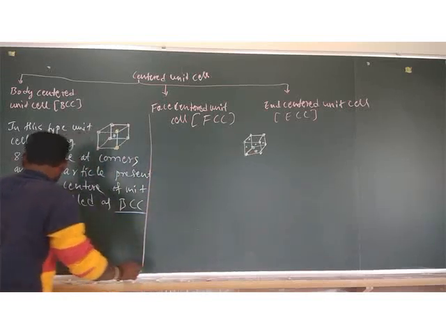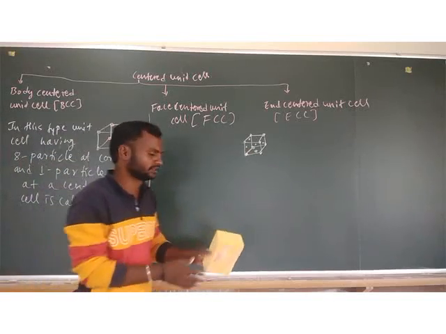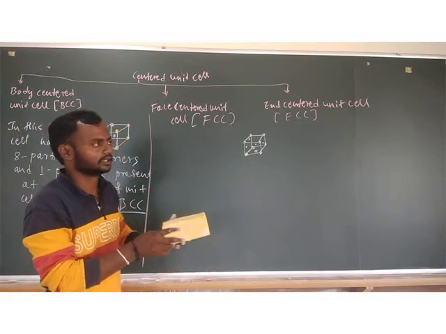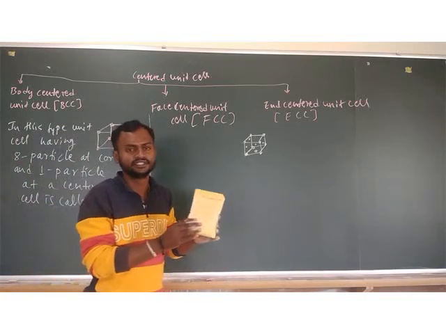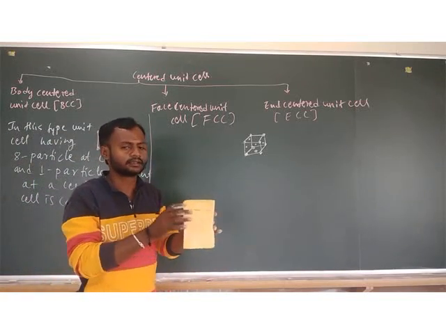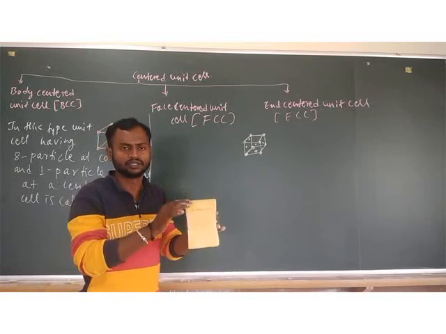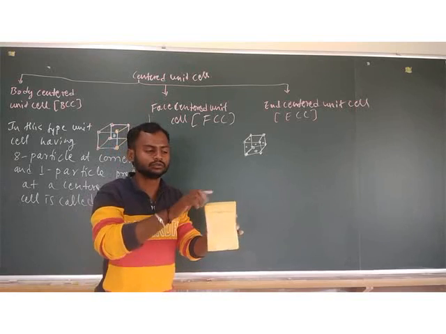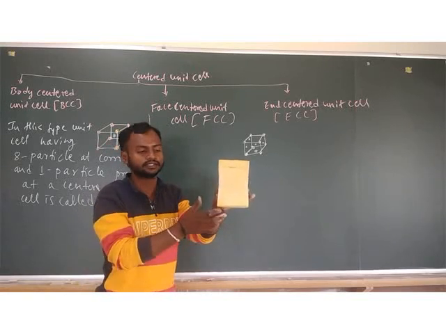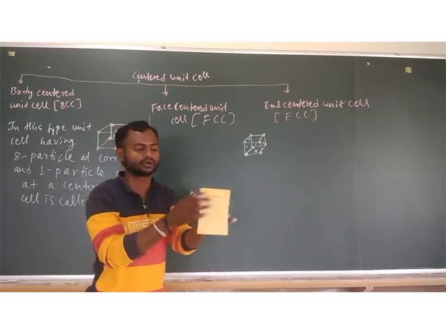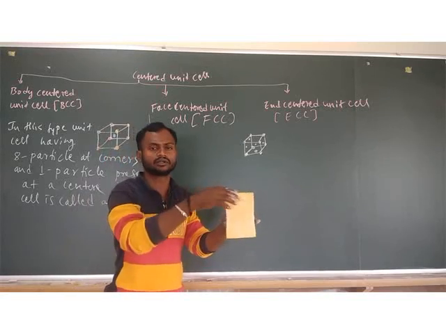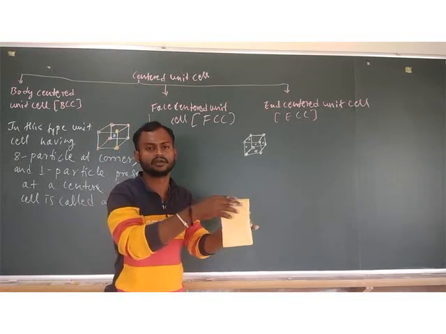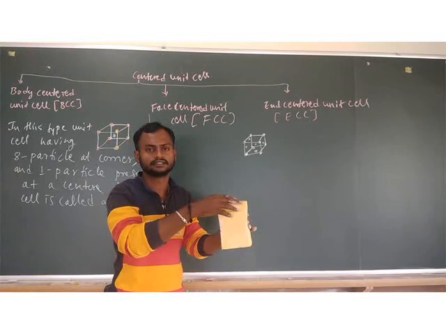Let us take an example. Let us assume this is a unit cell having constituent particles. There are 8 corner points: 1, 2, 3, 4, 5, 6, 7 and 8. These corner points are also called lattice points or corner particles.